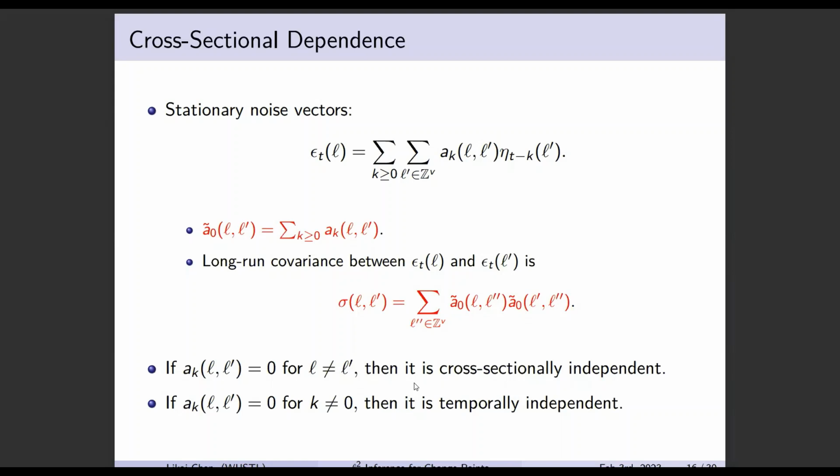And as some special examples, if this coefficient is 0 for different locations, if L differs from L prime, then there is no cross-sectional dependence between the noise at the locations L and L prime. And if this A_kLL prime is 0 for any k larger than 0, then this time series will be temporally independent. So you can imagine this k corresponds to temporal dependence and LL prime corresponds to cross-sectional dependence.